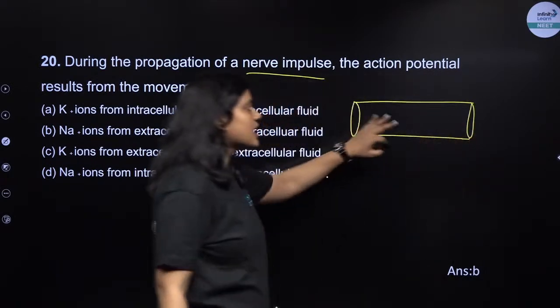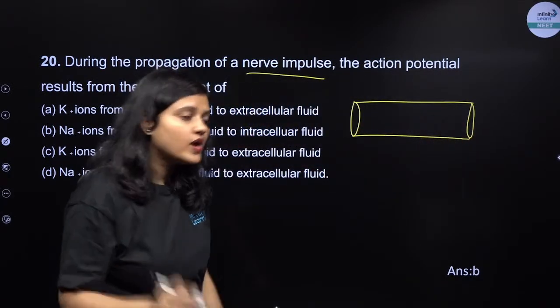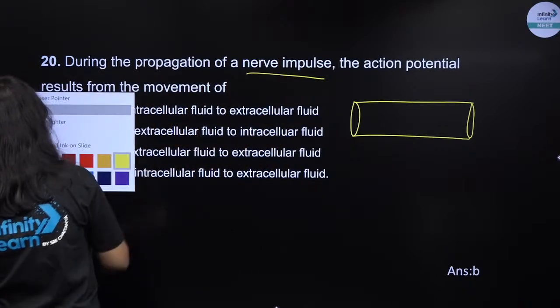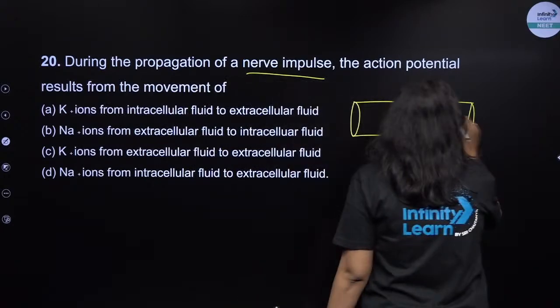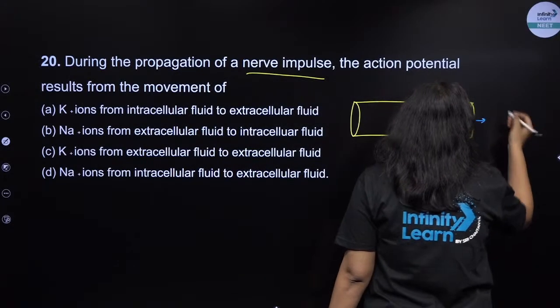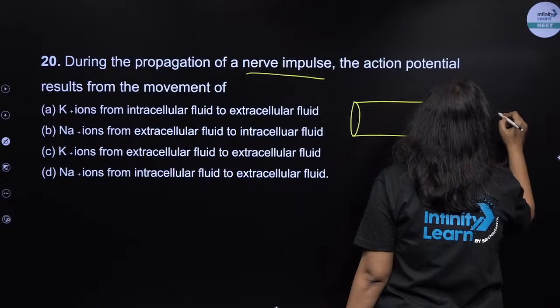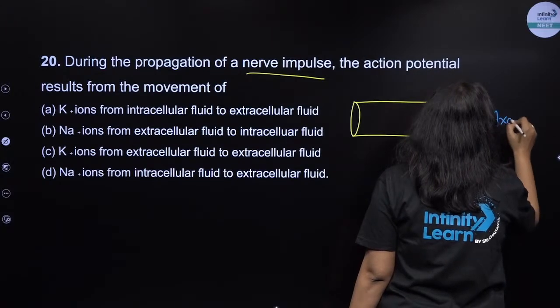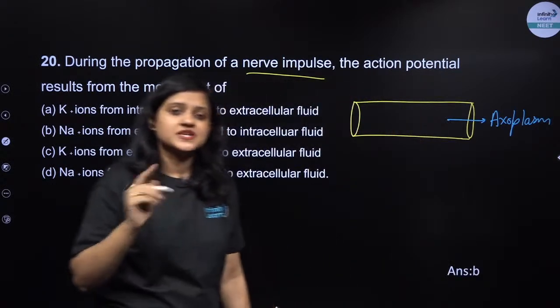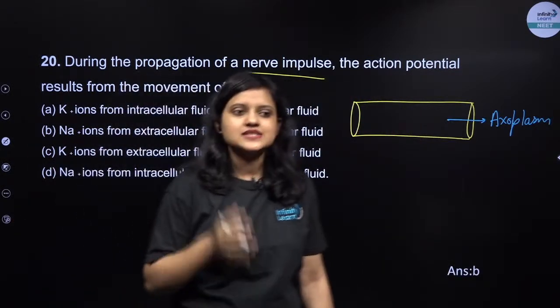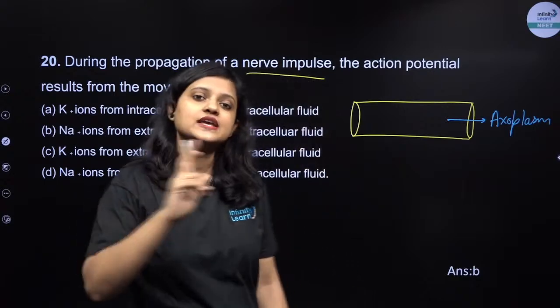If this is our axon, the fluid which is inside this axon will be known as axonal fluid, or axoplasm. The fluid that is present outside this axon is known as extracellular fluid or ECF.